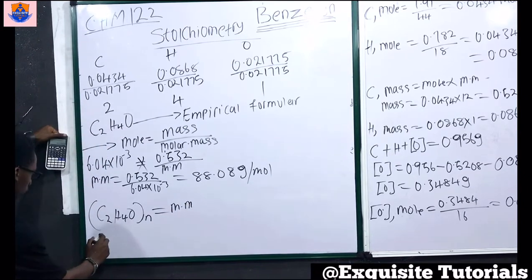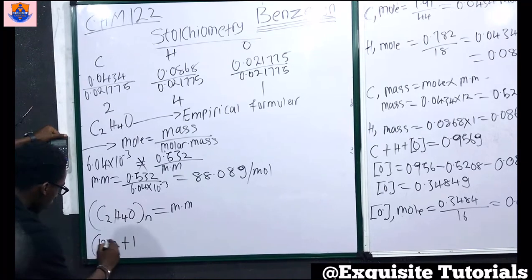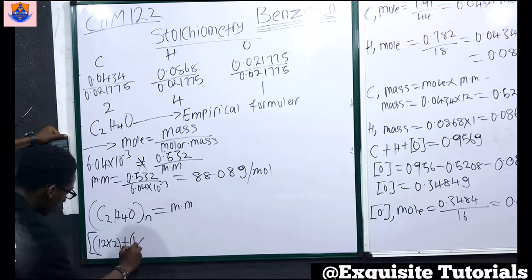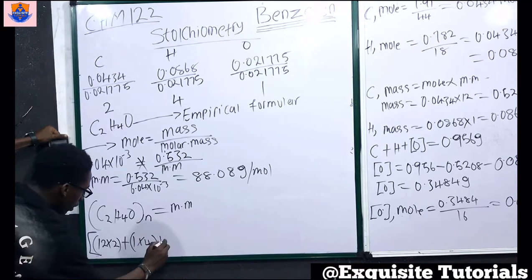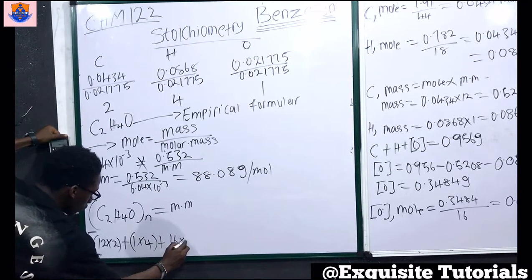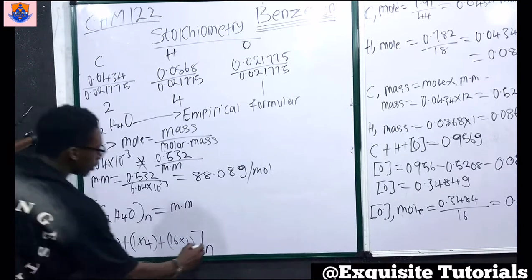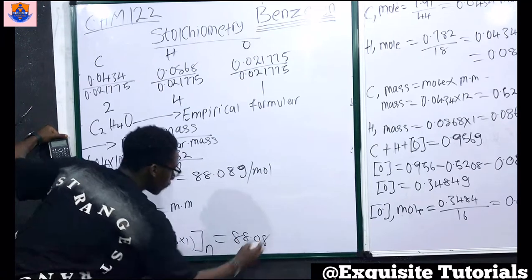So now we have 12, the mass of carbon, times 2, plus hydrogen 1 times 4, then plus 16 times 1, and it will be equal to 88.08.